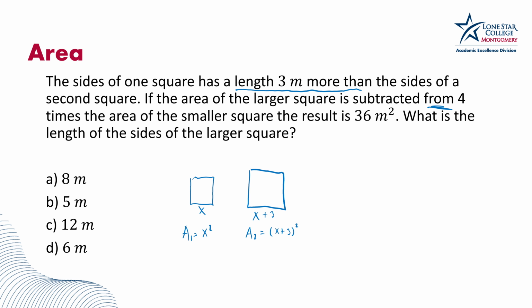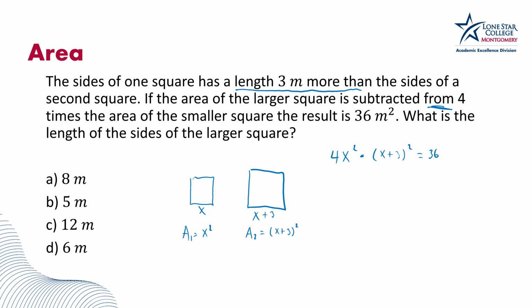Our equation would be 4 times the area of the smaller square, 4x squared, minus the area of the bigger square, x plus 3 squared, equal to the result, which is 36.